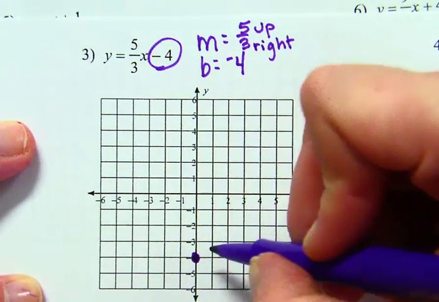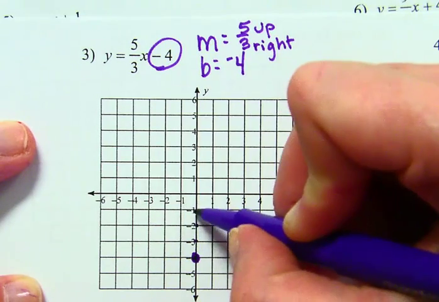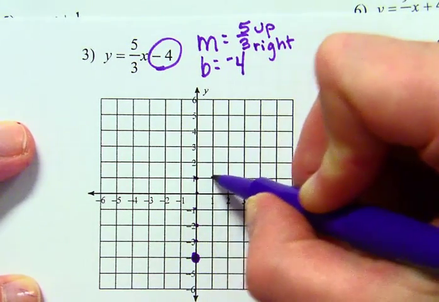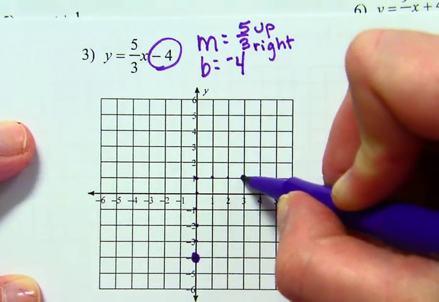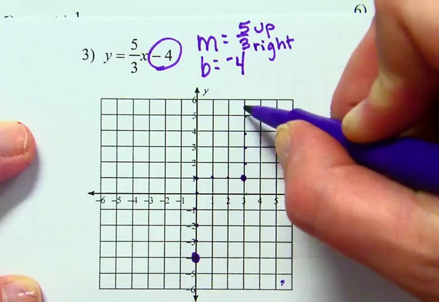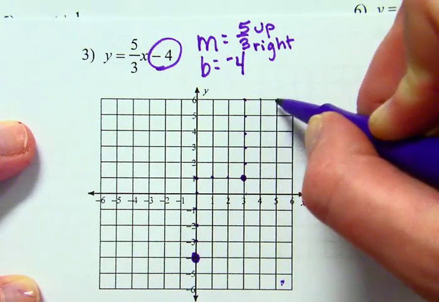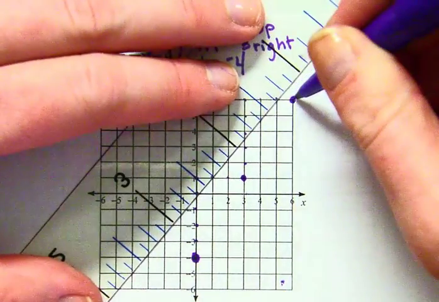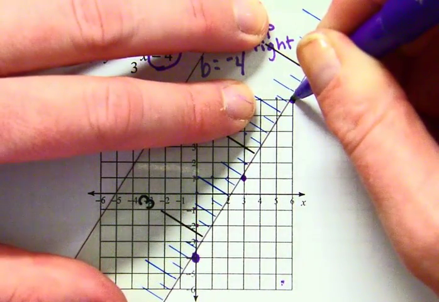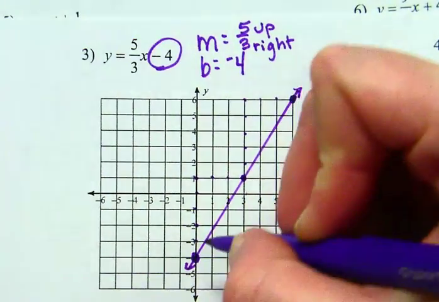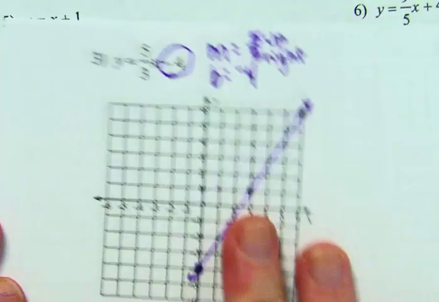I go up 5, 1, 2, 3, 4, 5, run, 1, 2, 3, put a dot. Repeat, 1, 2, 3, 4, 5, right, 1, 2, 3. This is a positive slope of 5/3 going through -4 on the y-axis.